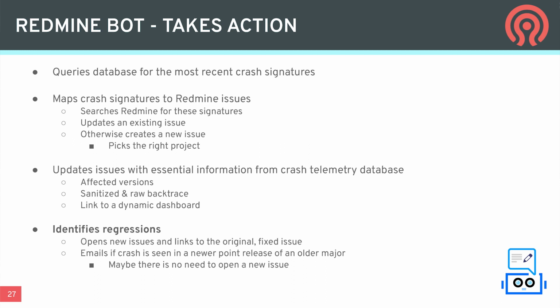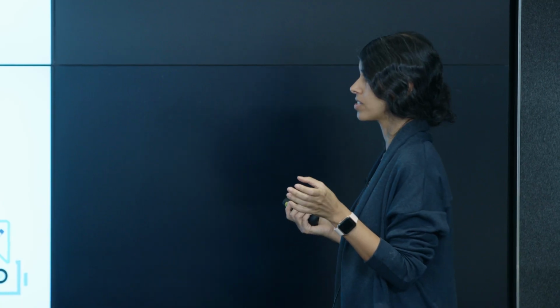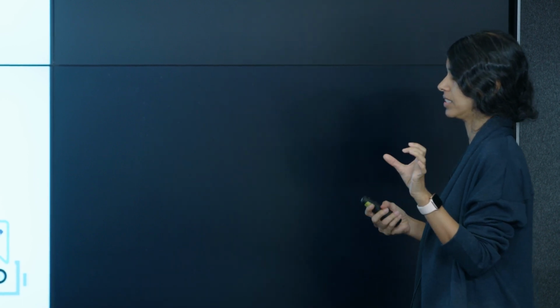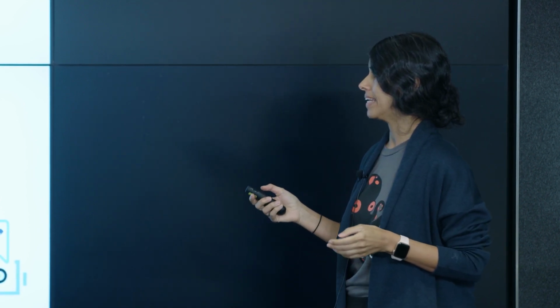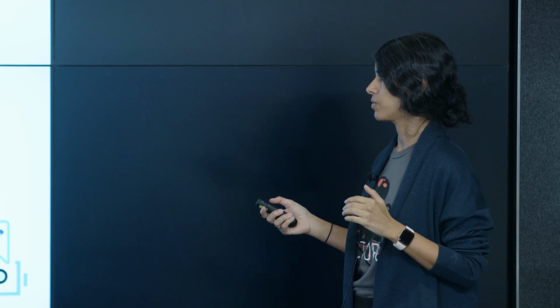Otherwise, it creates a new issue with the data of this signature, which contains the affected versions that the raw crashes of this signature were reported to. And there's also the sanitized and the raw backtrace and the link to a dynamic dashboard.